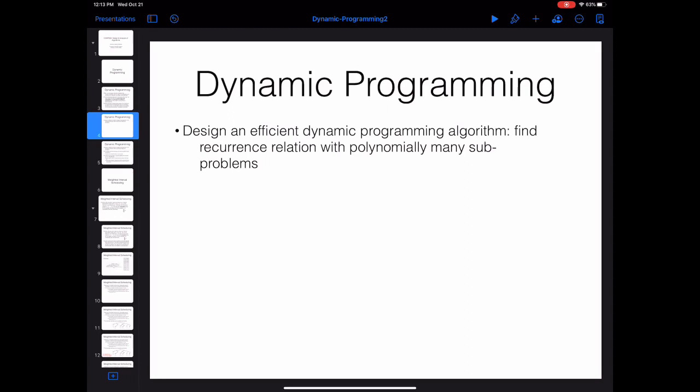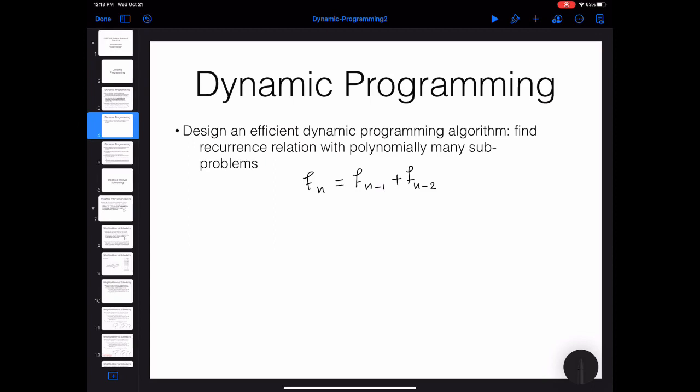For example, we started with the Fibonacci algorithm with this recursive relation that the nth number in the Fibonacci sequence is going to come from the (n-1)th number and (n-2)th number, the previous two numbers, right?